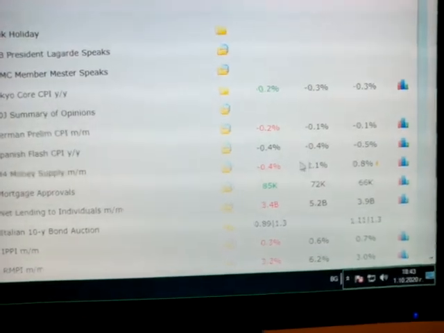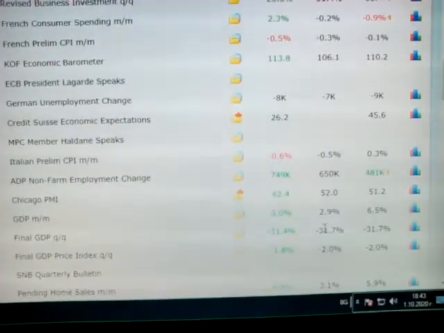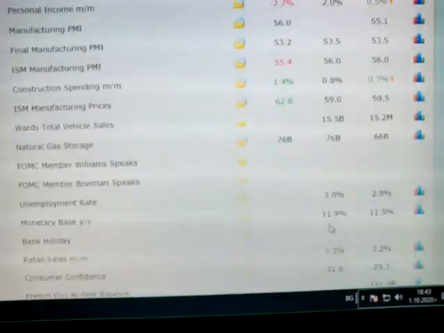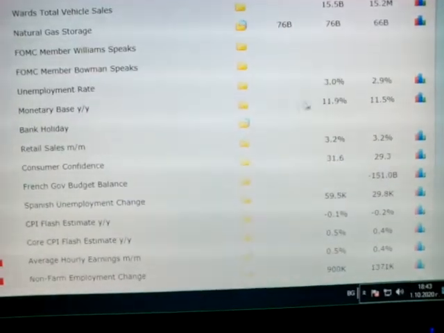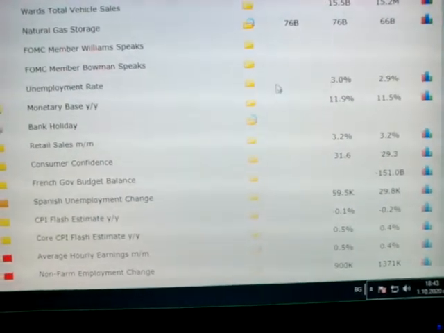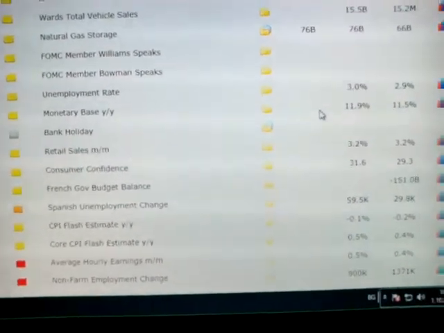This is the forecast, the forecast of the news that were not announced yet, like here, and this is the actual. Here in this place is the actual when the time comes.